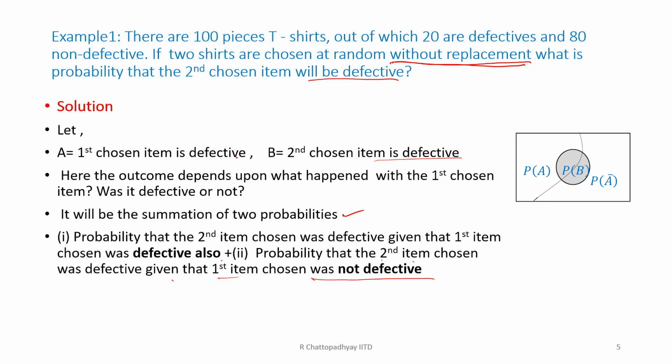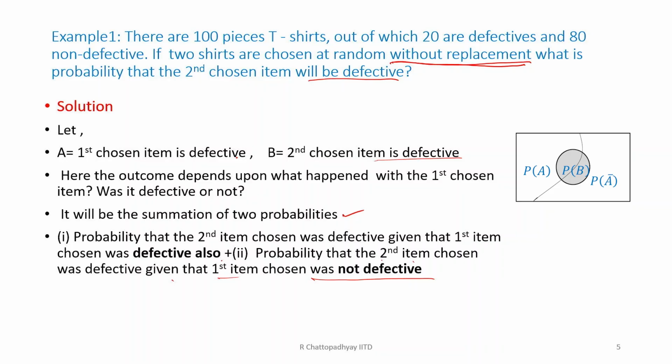If it is defective, then while I go for the second selection, one defective shirt is less now. So from 20, now we have 19 defective shirts and 80 non-defective shirts.